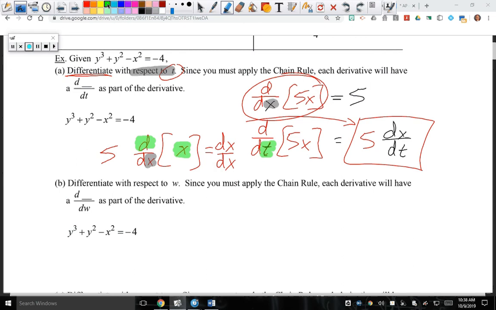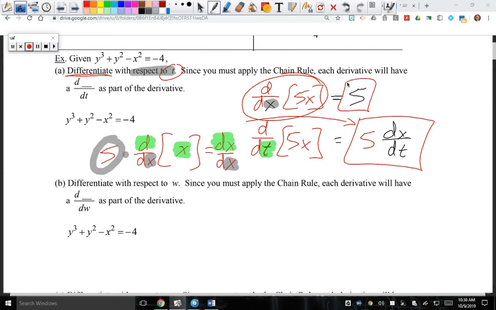It's dx over dx. And what's dx over dx cancel to? Just 1. And 1 times this 5, that's why it's as easy as just saying 5.